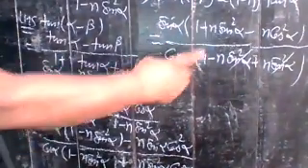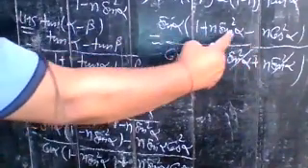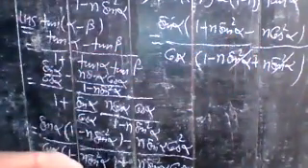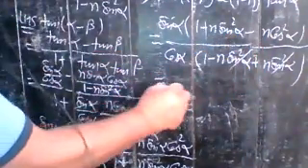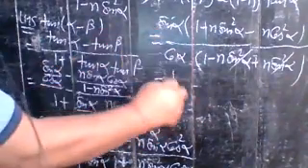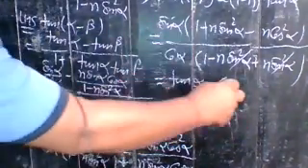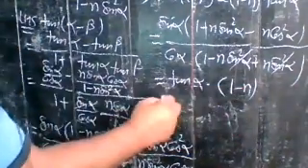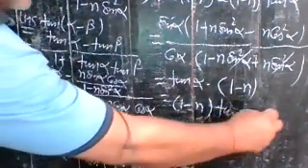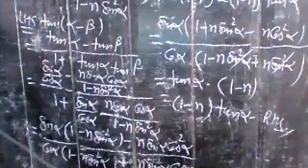Now on numerator part, if you're taking minus n common, you have sine square alpha plus cos square alpha, which is 1. And sine alpha upon cos alpha is equal to tan alpha. So right here tan alpha, and into here you have 1 minus n, or that can be written as 1 minus n into tan alpha, which is your right side. Note it.